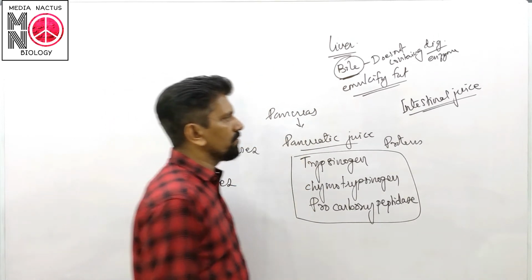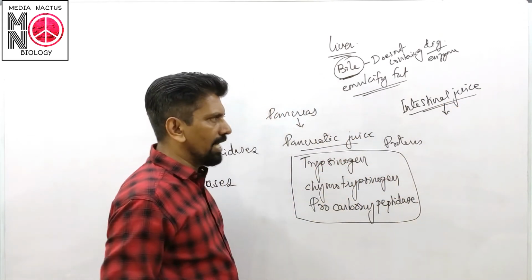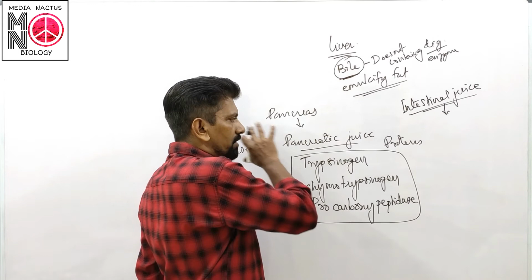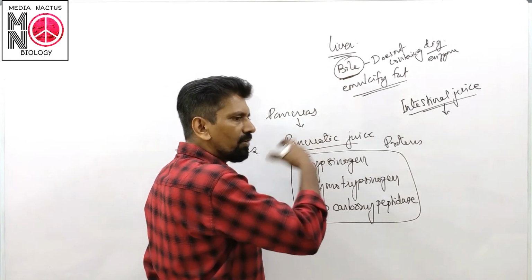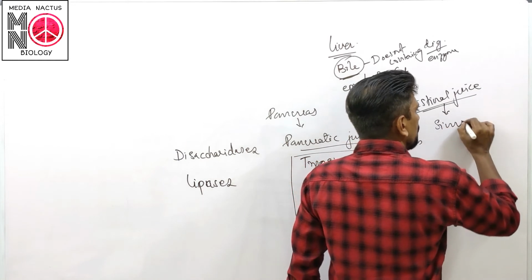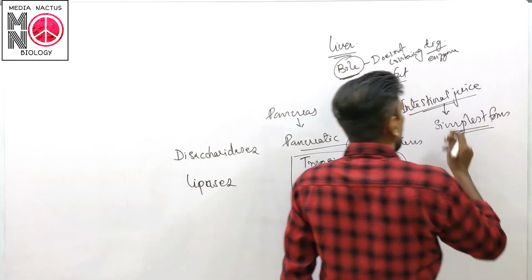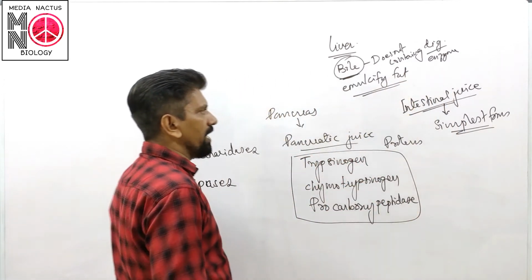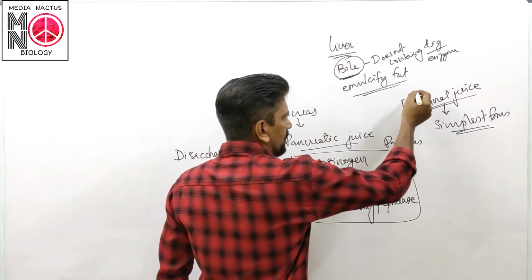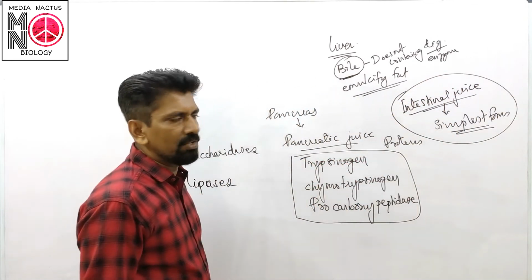The intestinal juice contains digestive enzymes that support the digestion and convert the nutrients into the simplest form. So the simplest form of the nutrient is formed as the food particle is mixed with the intestinal juice.